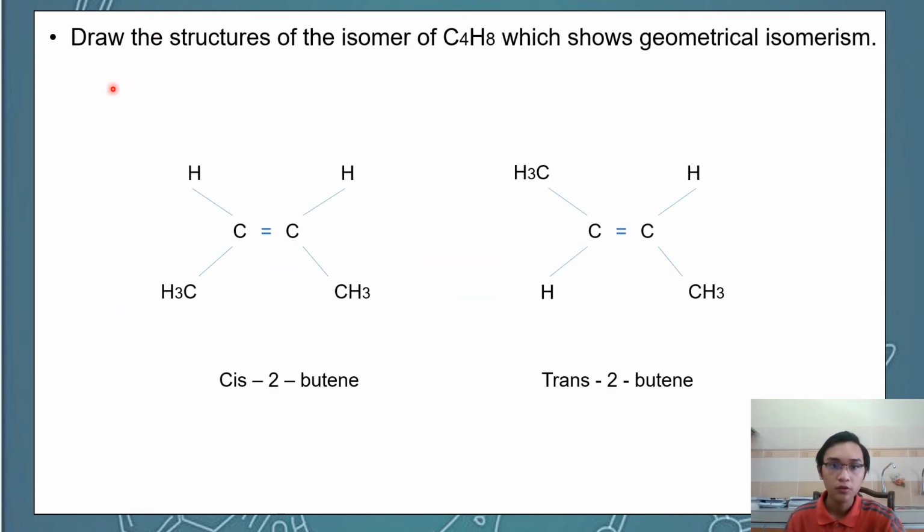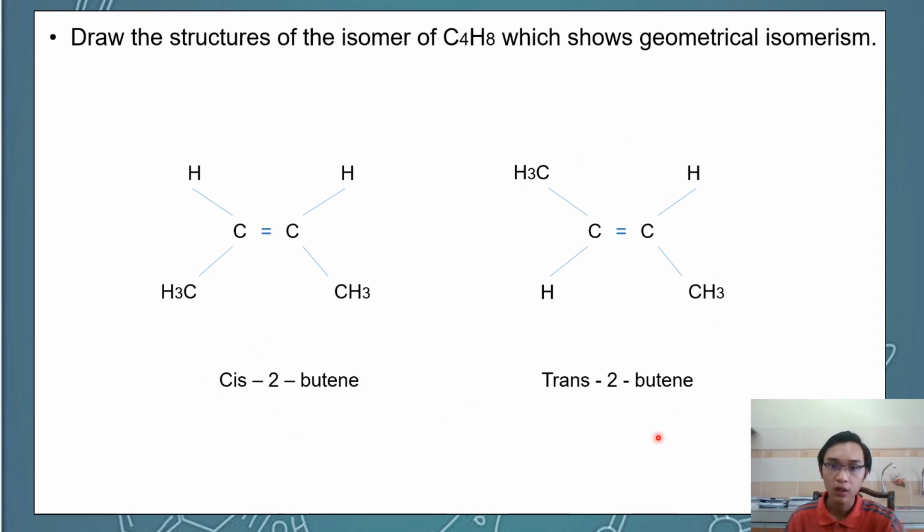Draw the structures of the isomers of C4H8, which is butene, which show geometrical isomerism, also known as cis-trans isomerism. The first one we have is cis-2-butene. Why cis? Because we have one alkyl group attached to this carbon and another alkyl group attached to this carbon, and both alkyl groups are on the same side, so the name becomes cis-2-butene.